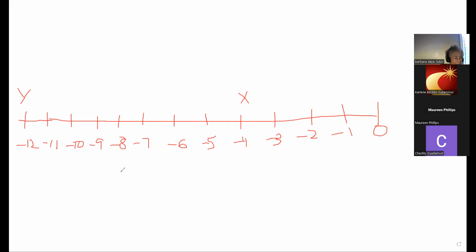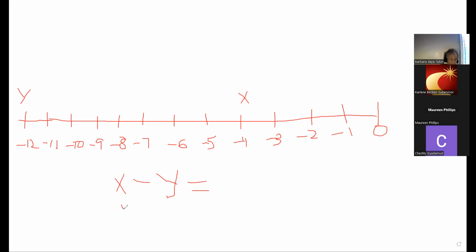So if you want to say X minus Y, or Y minus X, it doesn't really matter. Y minus X or X minus Y. So 4 subtracted from 12 gives you 8.